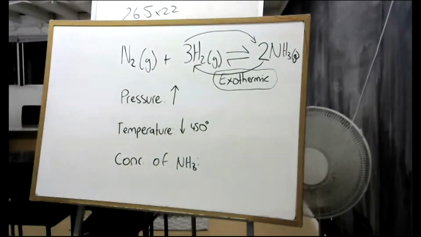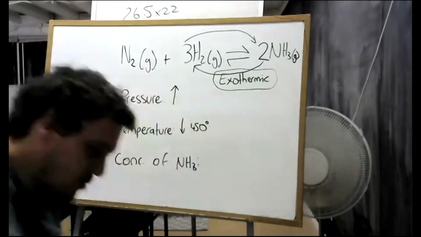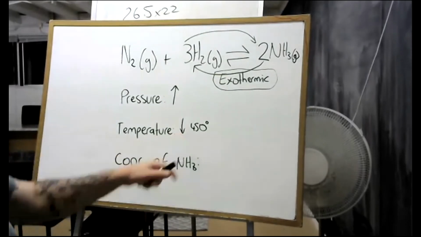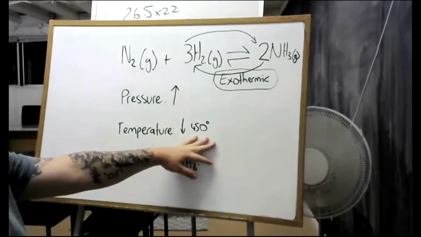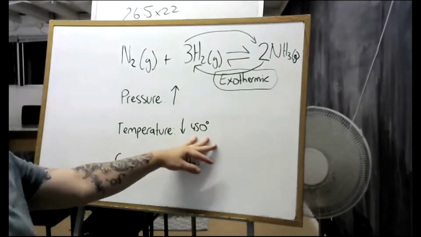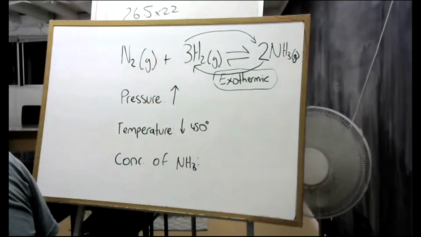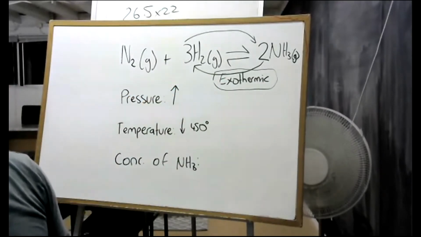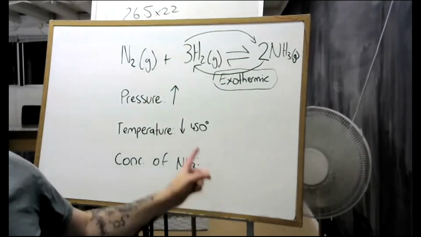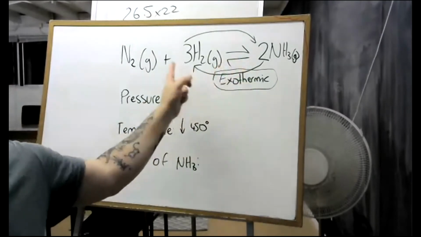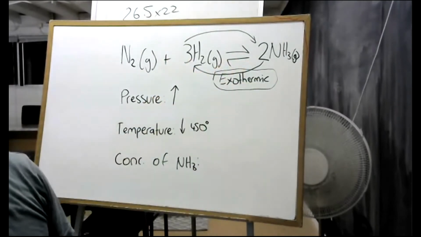That's pretty low for a chemical process like this. So if the temperature gets too high, the equilibrium reaction will favor the reactants, because when you jack up the temperature, the reaction will try to absorb the heat by going backwards.